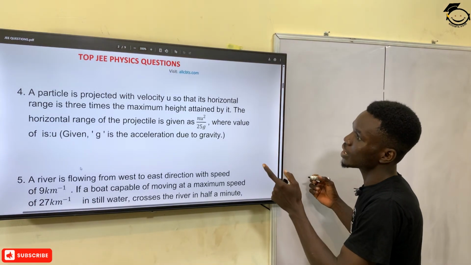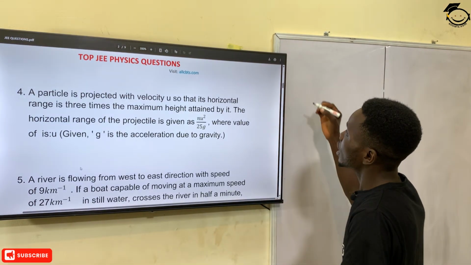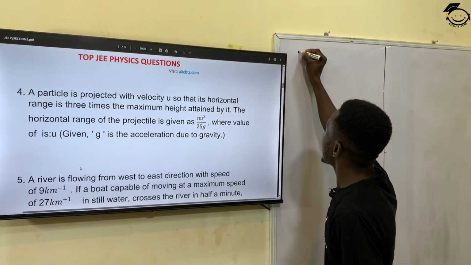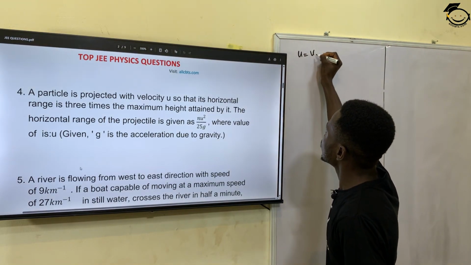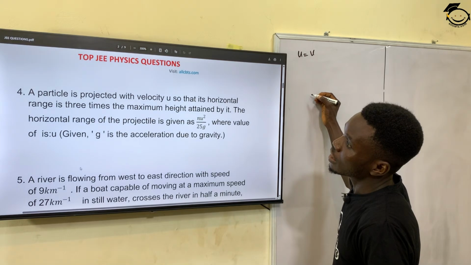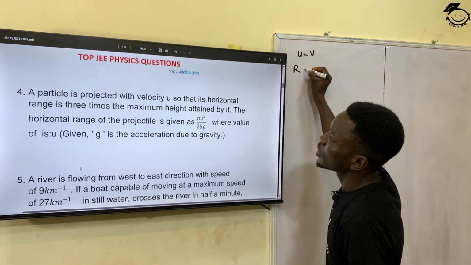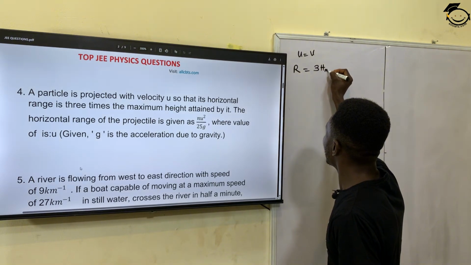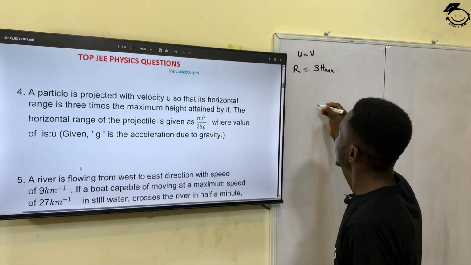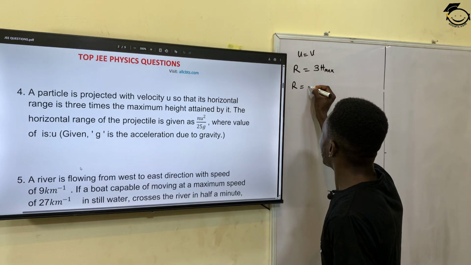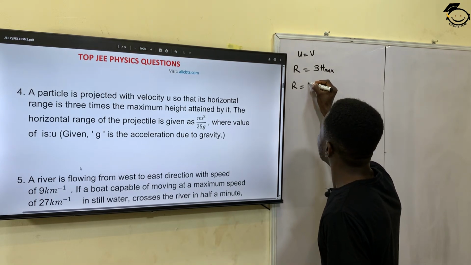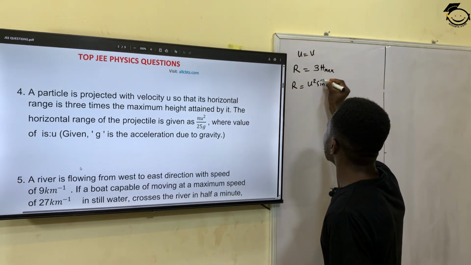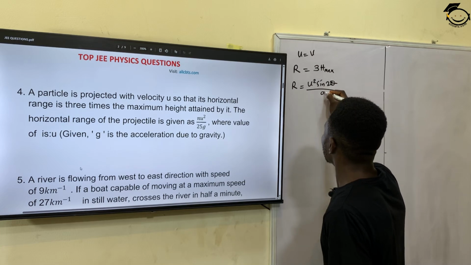Remember in the question, they said that the particle is projected with a velocity u, so our initial velocity is given as u. And they said that the range is 3 times the maximum height. It means that my range is 3 times maximum height. So we know that our range has a formula that says u squared sine 2 theta over g.